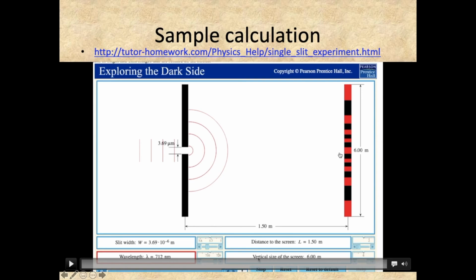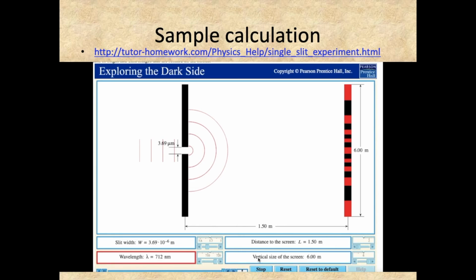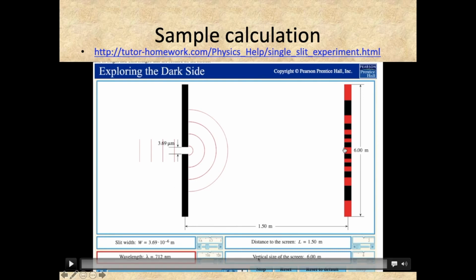And we're going to find the angle from the center of the central max, which is 0 degrees, to the center of the first minimum. I'd like you to do that calculation. Once you calculate the angle, you're going to find the angle in radians. Change that angle to degrees and compare that with what is given on this simulation. So let's go.